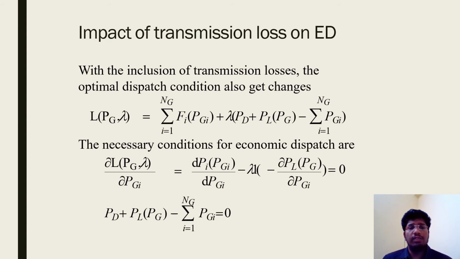The necessary conditions for the economic dispatch are del L(P_G, lambda) by del P_Gi equal to dF_i(P_Gi) by dP_Gi minus lambda times (1 minus del P_L(P_G) by del P_Gi) equal to 0, and P_D plus P_L(P_G) minus sigma i equal to 1 to Ng of P_gi equal to 0.